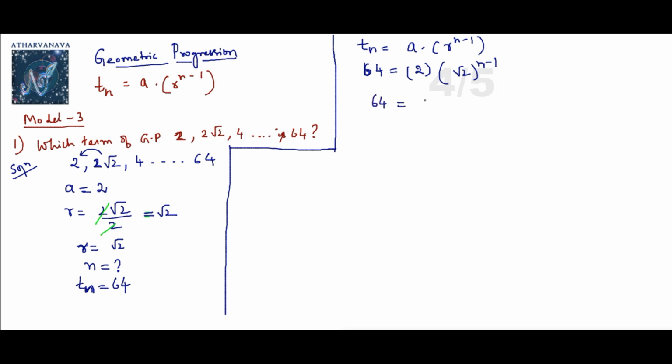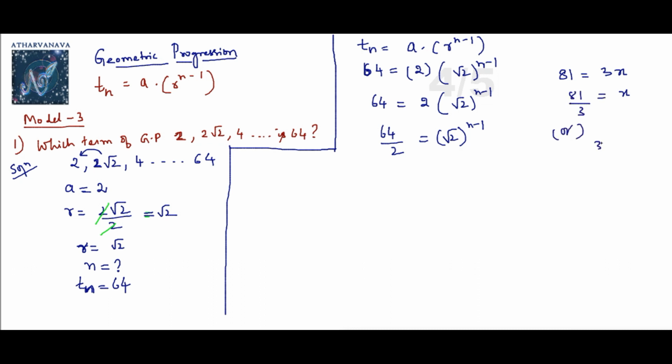64 equals 2 into root 2 power n minus 1, and 64 by 2 is equal to root 2 power n minus 1. How did I solve this? Say for instance, imagine 81 is equal to 3x. Can you write x is equal to 81 by 3?